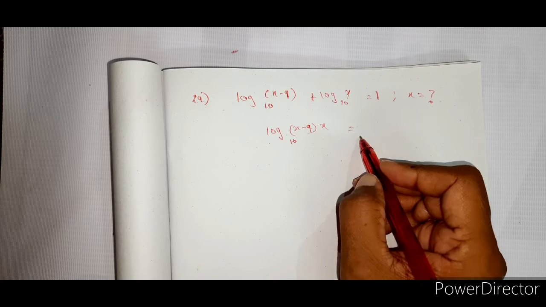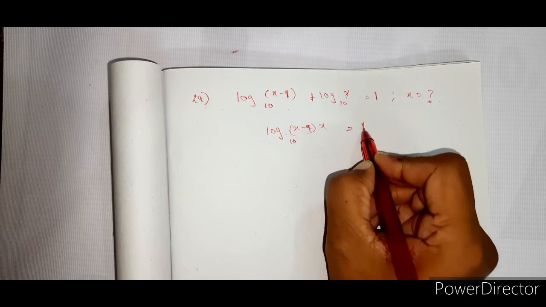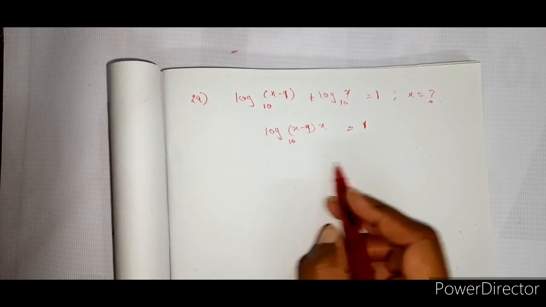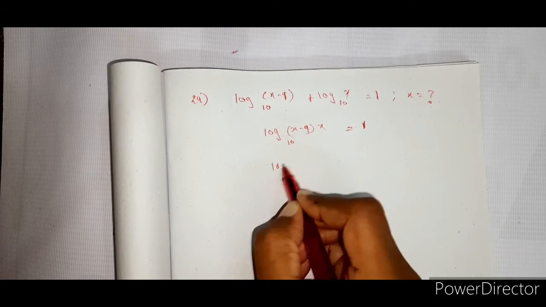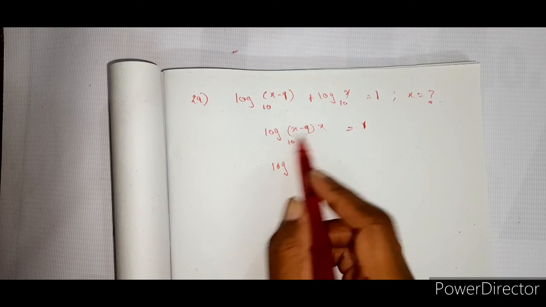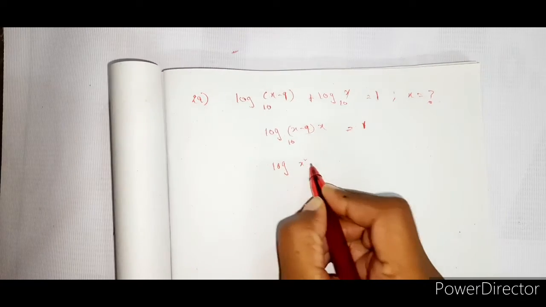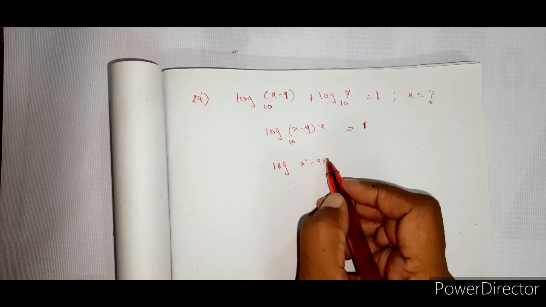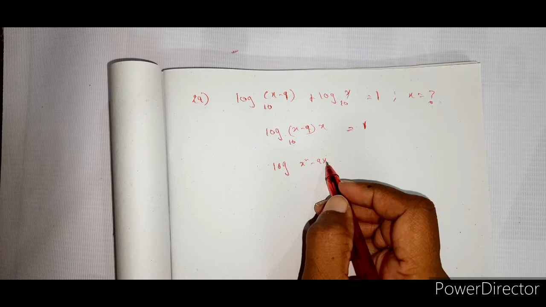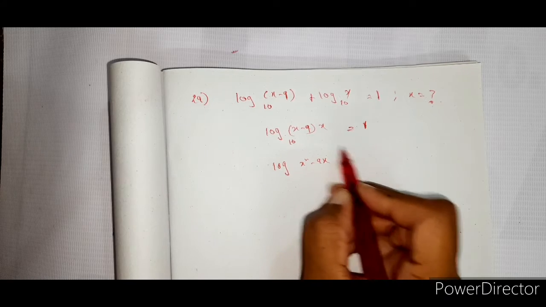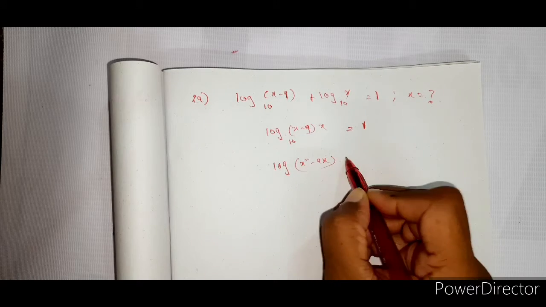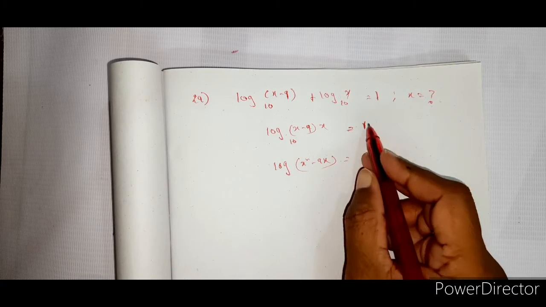That is log of is equal to 1. This is equal to 1. Right. So now log of x is x square minus 9x, minus 9 is equal to log 1.